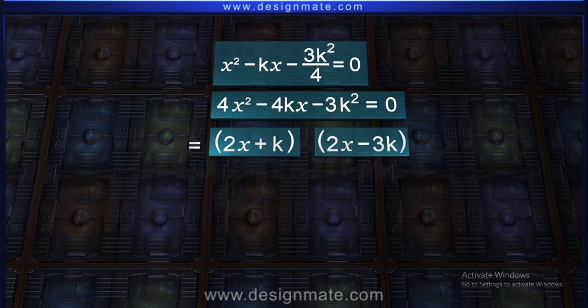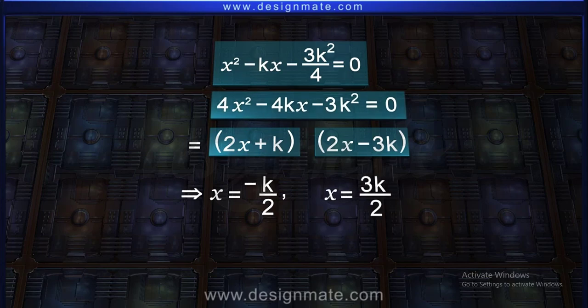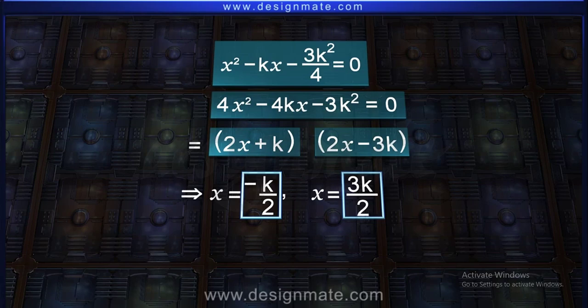Therefore, the roots of 4x² − 4kx − 3k² = 0 are −k/2 and 3k/2. But the roots of 4x² − 4kx − 3k² = 0 are the same as the roots of x² − kx − 3k²/4 = 0. Therefore, it follows that the roots of the given equation are also −k/2 and 3k/2.